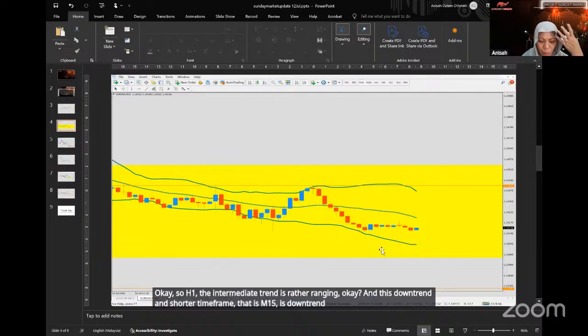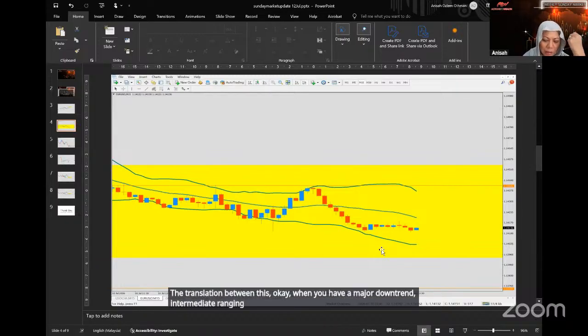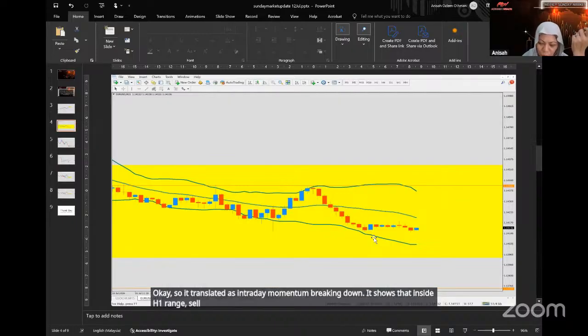When you have a major downtrend, intermediate ranging, and short-term downtrend, it translates as intraday momentum breaking down. It shows that inside the H1 range, sellers have taken control and are pushing toward the bottom of that range or initiating a full breakout.